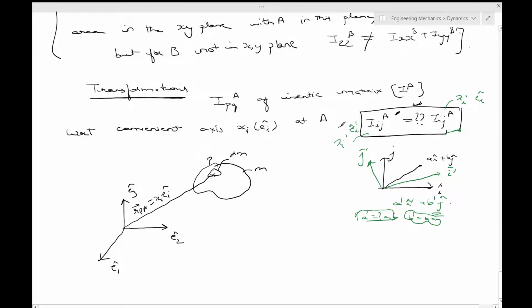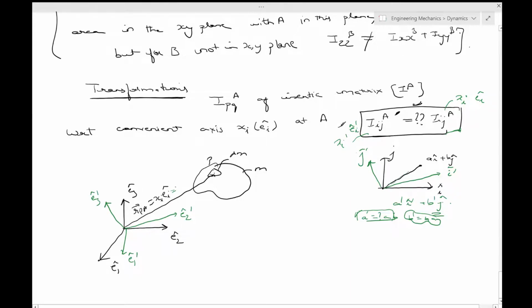Now let me draw another coordinate system. This would be e1 hat dash, e2 hat dash, and e3 hat dash. Now this same vector RPA, just like over here, can be represented in the green coordinate system.